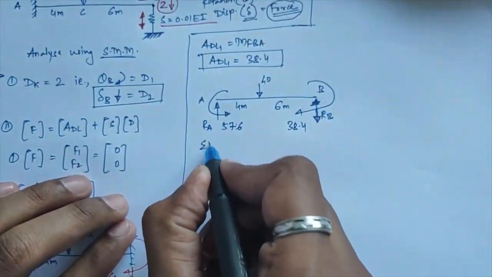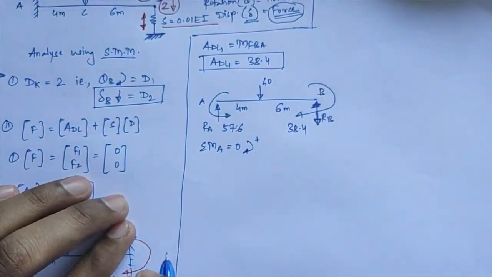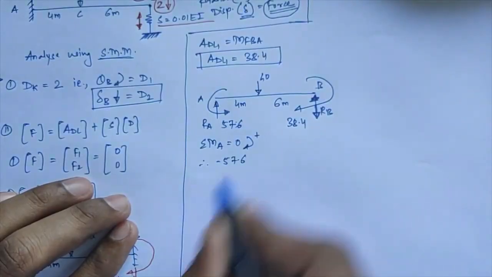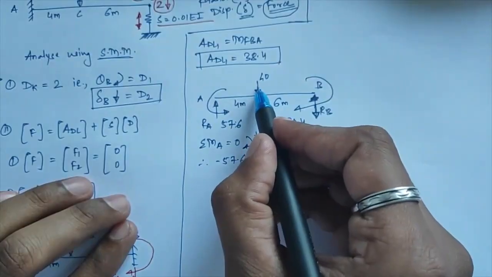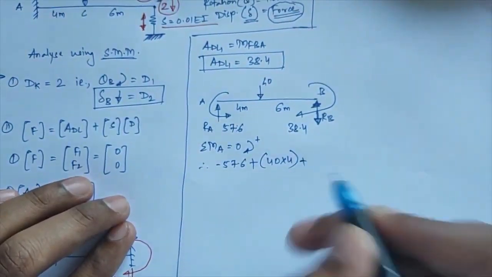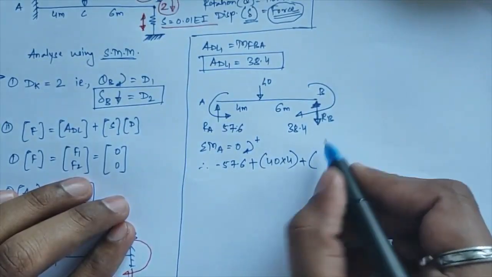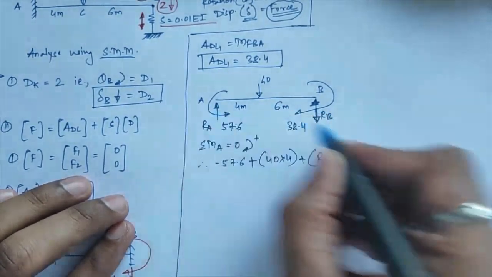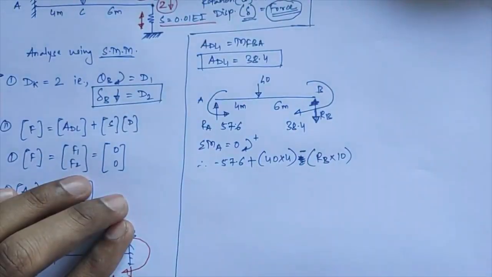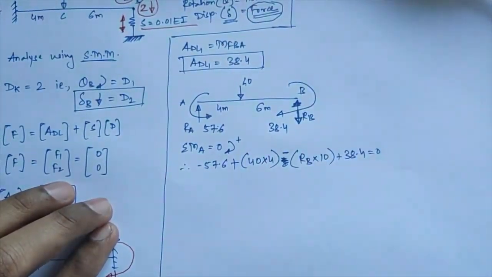So for that I'll take summation of moments about point A equal to 0, treating clockwise moments as positive. So what I'll get: this anti-clockwise moment minus 57.6, next plus clockwise moment of this 40, that will be 40 into 4, right, plus moment of this RB, that will be RB into total length, that is 10, but that will be anti-clockwise in nature, so that is why this will come negative, plus this 38.4 is equal to 0.